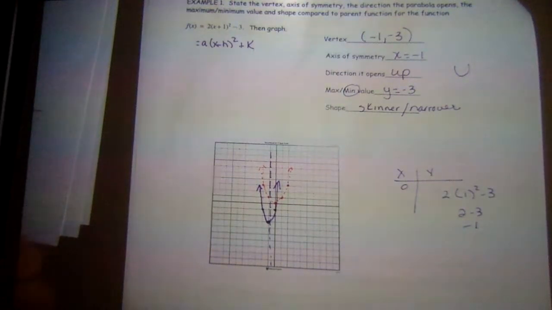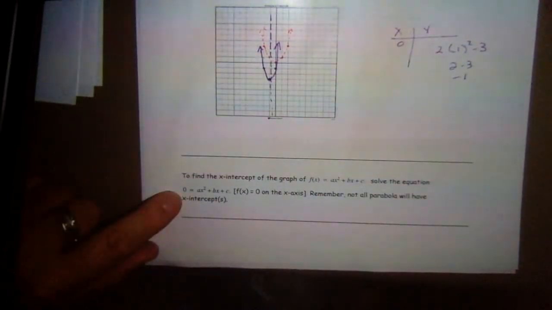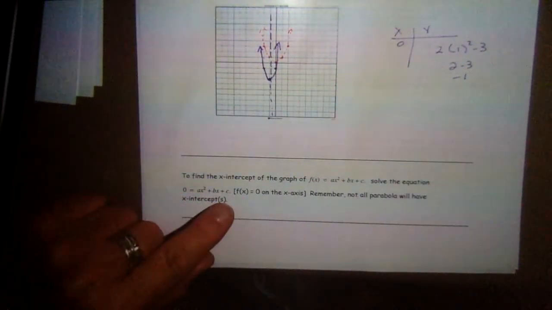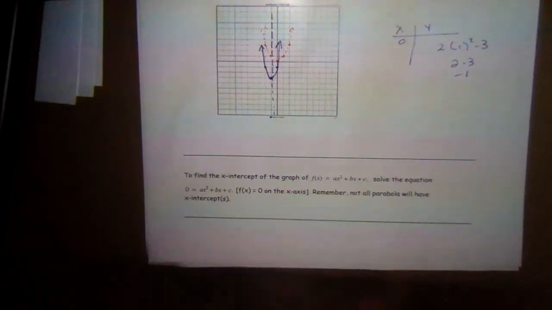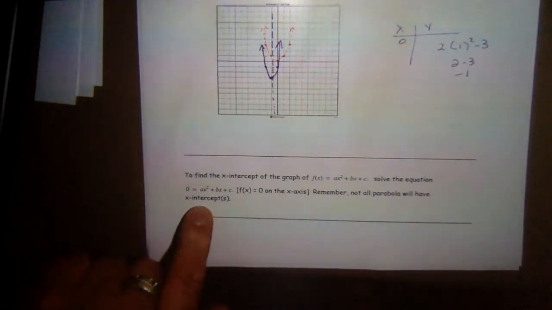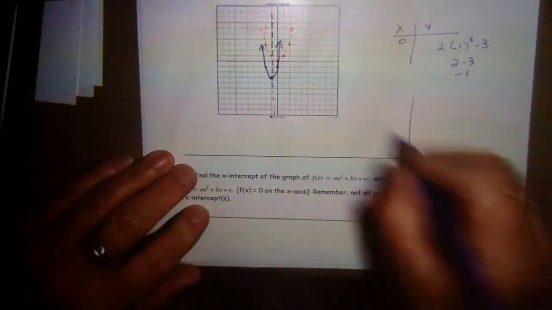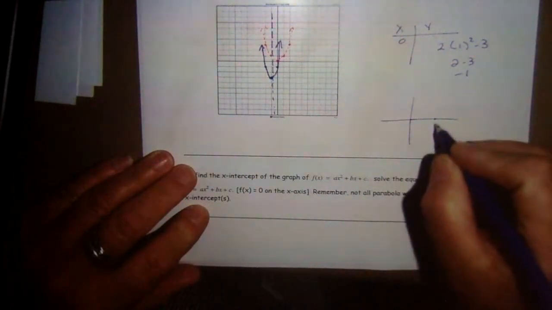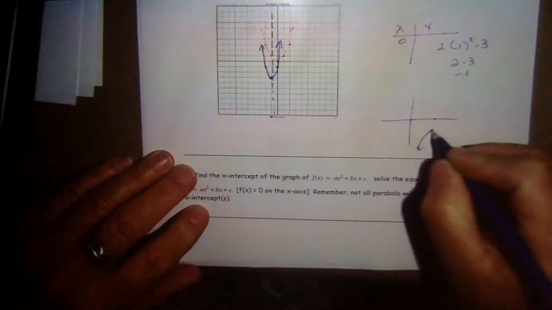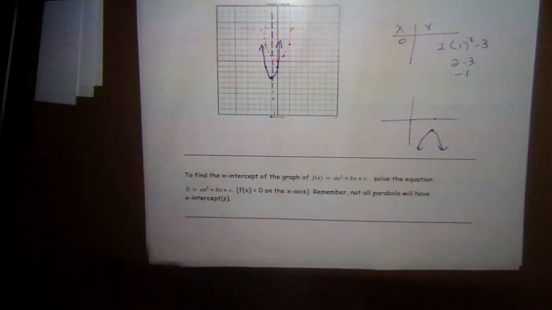To find the x-intercepts, remember we let y be 0. 0 equals ax squared plus bx plus c. Not all parabolas will have x-intercepts. Remember that. If I had a parabola that opens downward and the vertex is under the x-axis, it doesn't have an x-intercept.